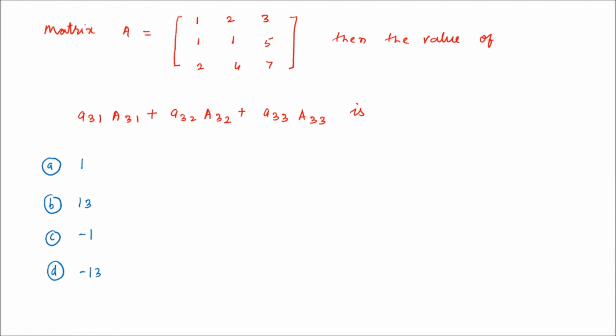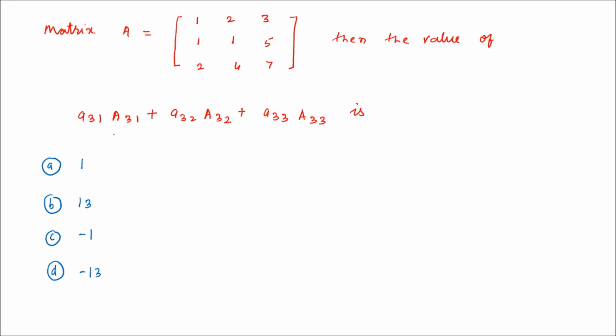So, first answer. Let us take this given matrix. Then the value of this: A31 into the cofactor of A31, plus A32 into its cofactor, plus A33 into its cofactor. That means this is the value of the determinant of this matrix along the third row.